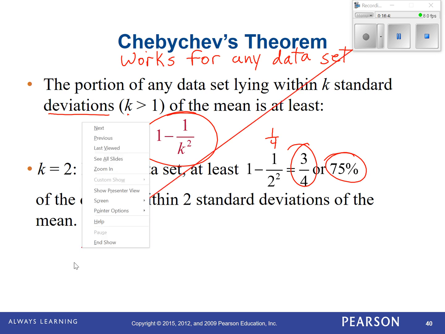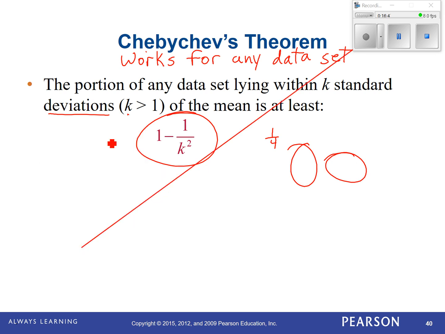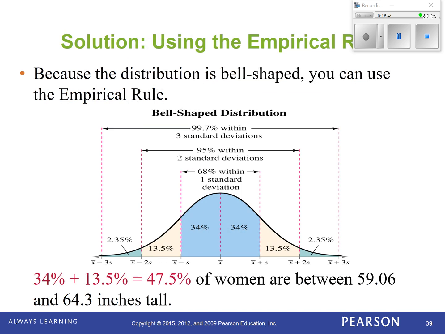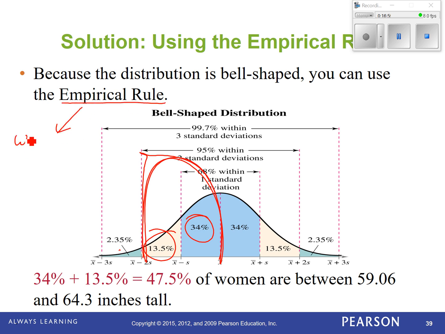On the other stuff that we were doing using the bell curve, ignore that stray line going up through there, the empirical rule only works for data that is basically symmetric.